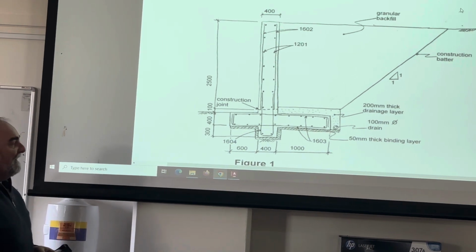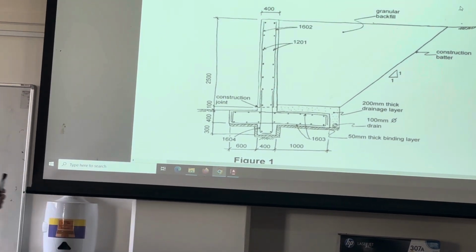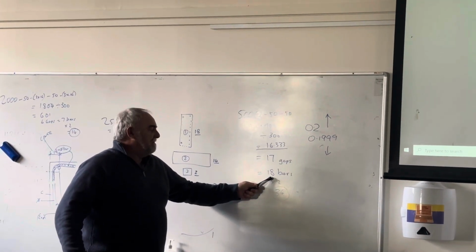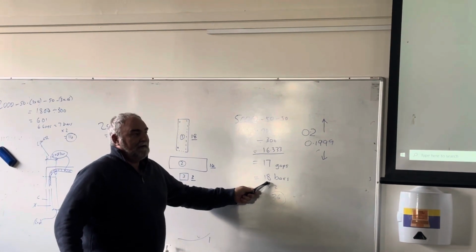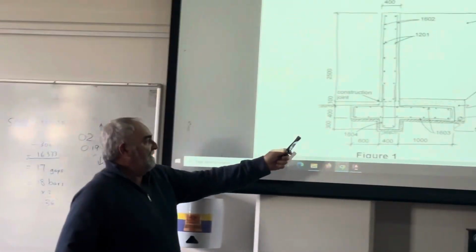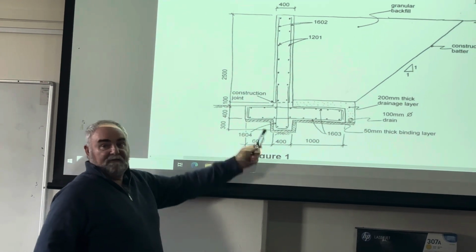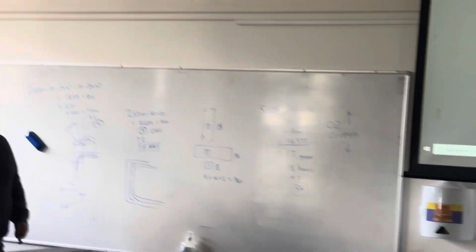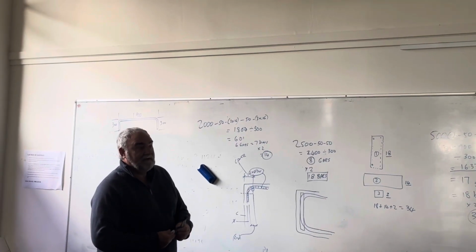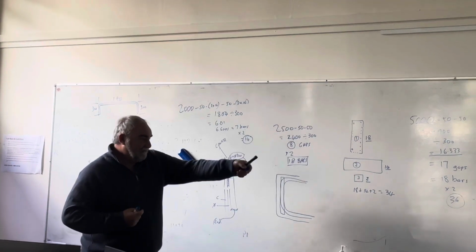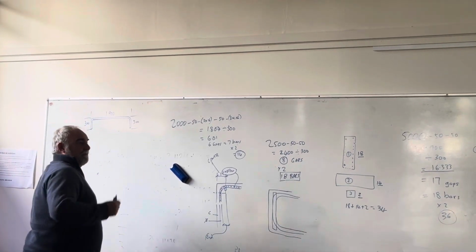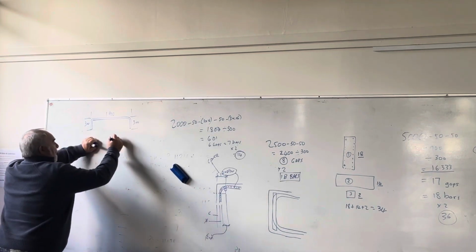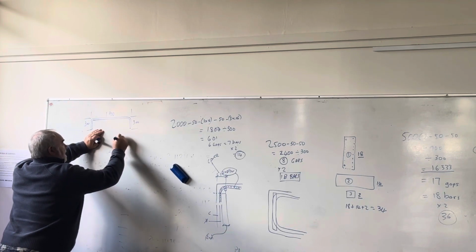So whatever we calculated that number to be, 18 bars, is how many of these there are. 18 of those, and 18 of those. So we've already done the calculation. If you get something like that in your final test, you do that calculation once, and you've done it for 3 sets.